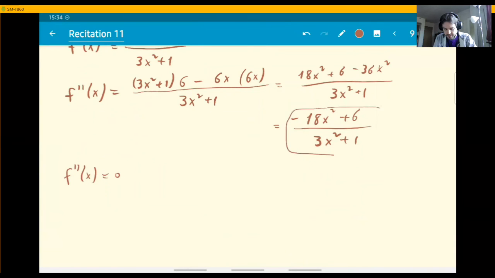Okay, so what happens when you set this equal to 0? Only the numerator has to be 0. And that gives you what? x squared is equal to 6 over 18, which is 1 over 3. When you take a square root, it can be either plus or minus root of 1 over 3, which you can rationalize as root 3 over 3.